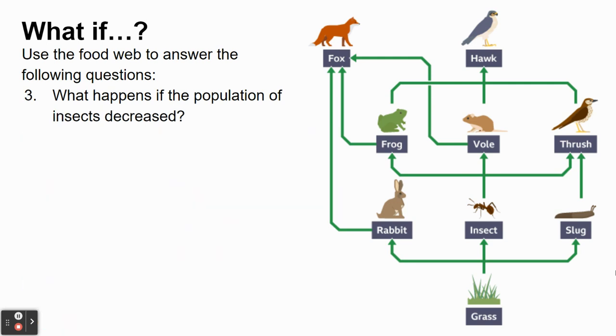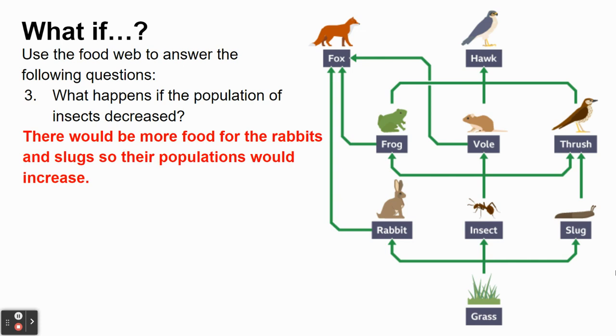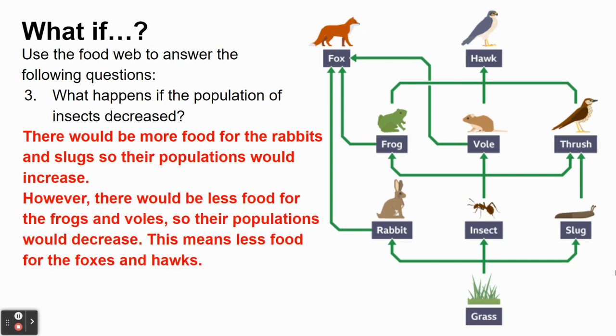And finally, what happens if the population of insects decreased? So if the population of insects decreased, they would be more food for the rabbits and the slugs, so their populations would increase. However, there'd be less food for the frogs and voles above, so their populations would decrease, which means there'd be less food for the foxes and the hawks above them.